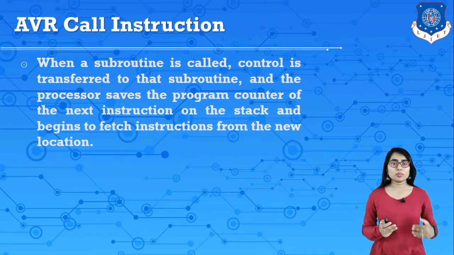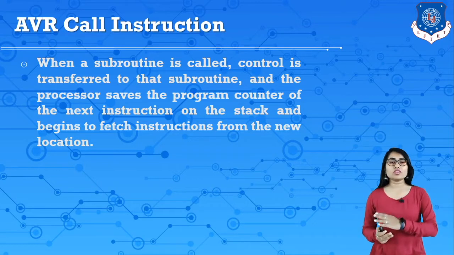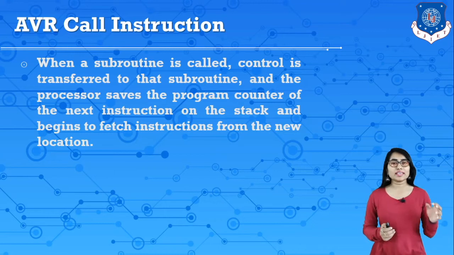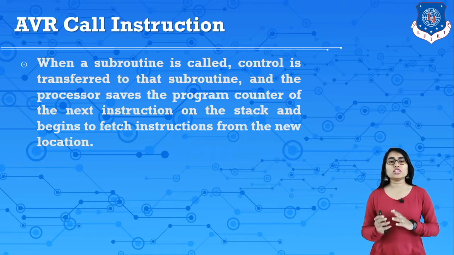Basically we have a main program and we have a subroutine program. When a subroutine is called in our main program, at that point control is in the hands of the main program, but whenever the call instruction is used, control of the program is transferred to the subroutine and the processor saves the program counter.